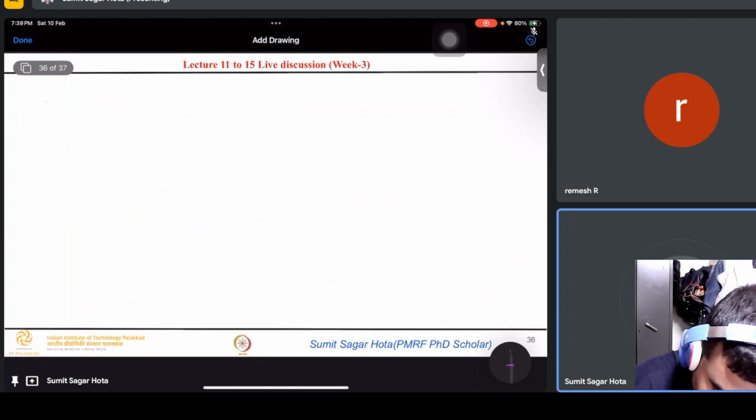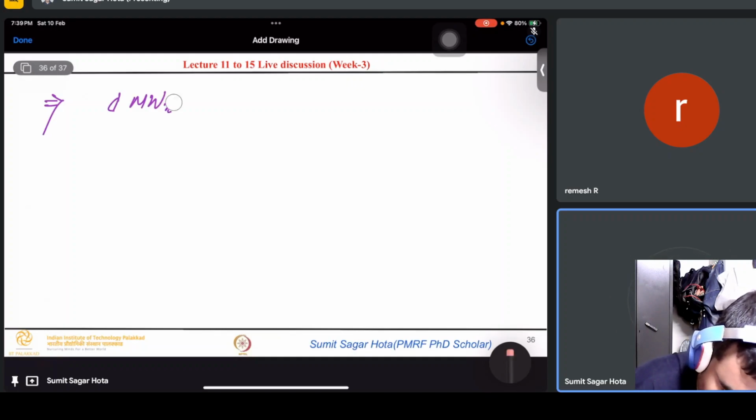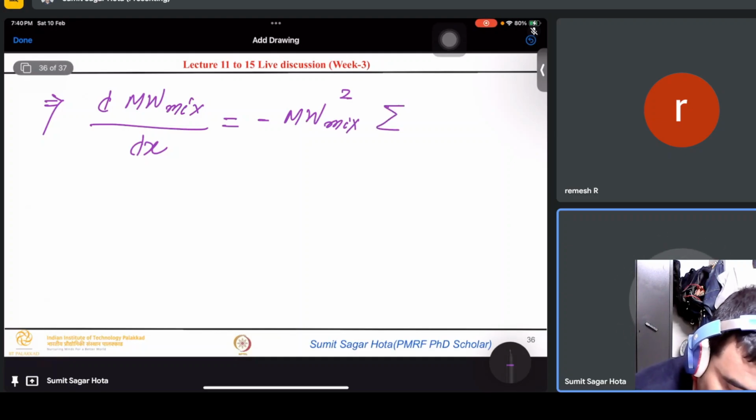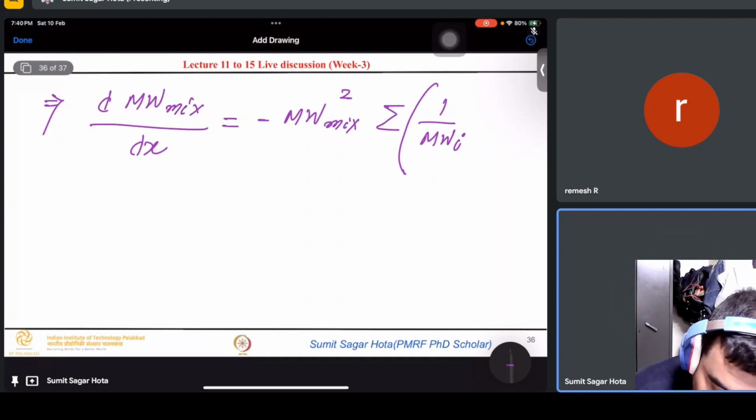So now just rearrange things. d of molecular weight of the mixture by dx equal to minus molecular weight of the mixture square, summation of 1 by molecular weight of i.